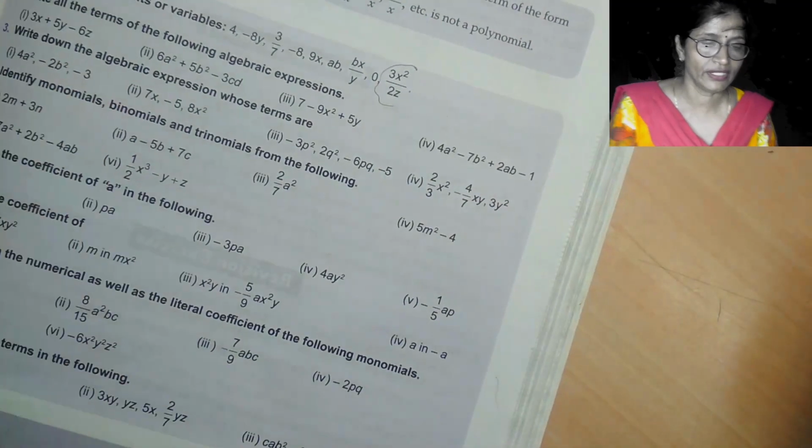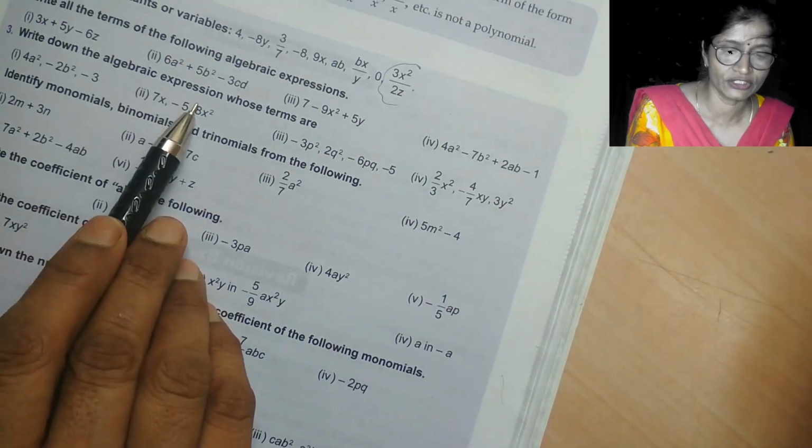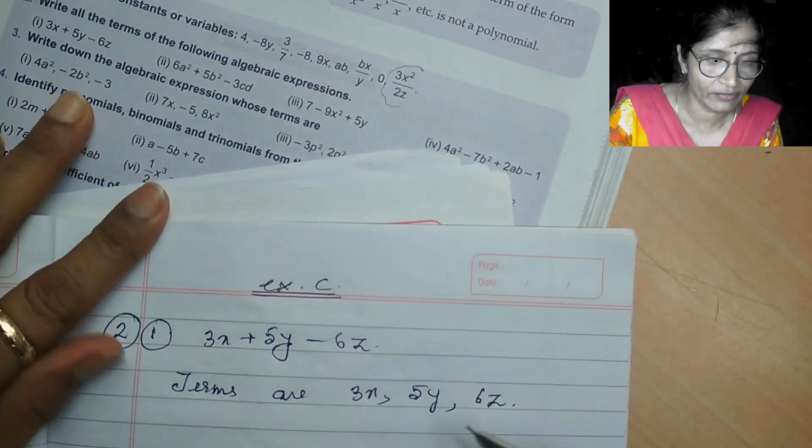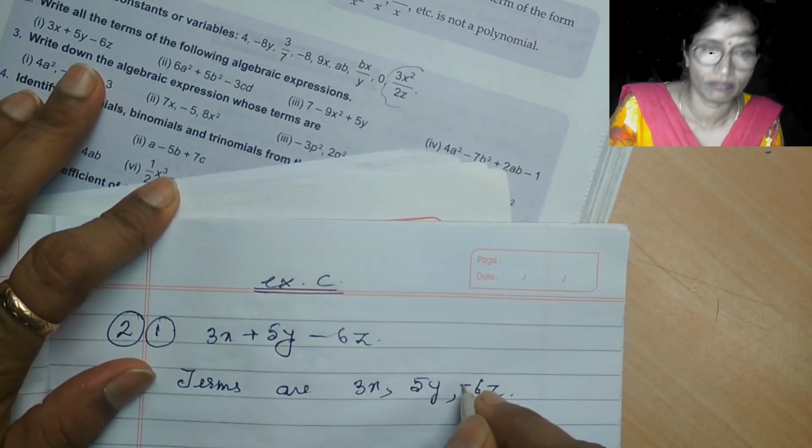The next one asks you to write down the algebraic expressions whose terms are given. Here you have to give the sign also, minus when it is minus.